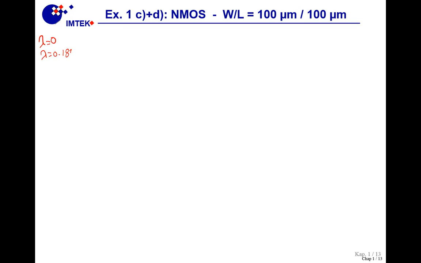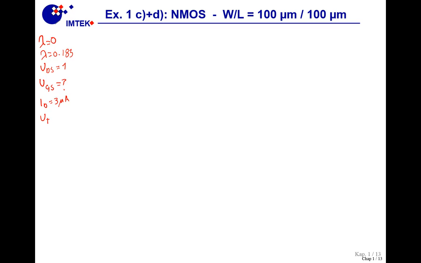And then it also tells you that UDS is supposed to be 1. So UDS is equal to 1. All right? So what do we do? We need to find UGS, is the question. We have our ID, which is equal to 3 microamp.